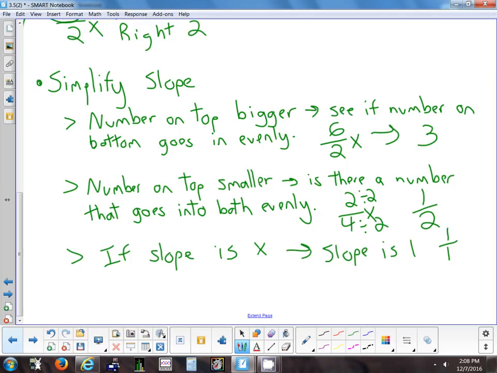What does that slope tell me to do? Up 1. Up 1. And then, what direction? Be a little more specific, Vanessa. I'm going to go up 1, and then right or left? Up 1, right 1. So when the slope is x only, we need to know that there's a 1 there, and we got to go up 1 over 1.